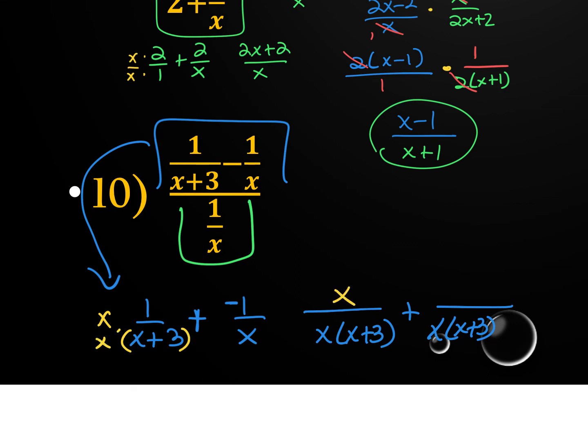So this numerator becomes an x. Make it blue. And then this one, and here's why I did the keep, flip, change, because I need to distribute the -1 to the x and to the 3. So my numerator over here is -x minus 3.